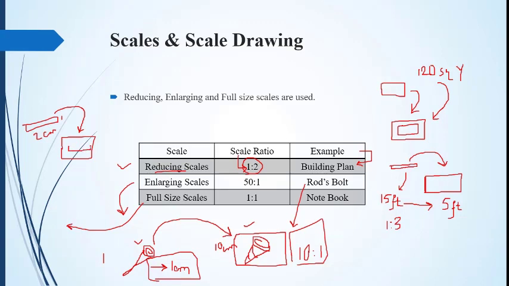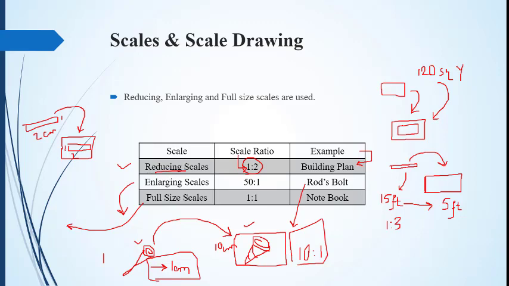So 2 centimeter and 1 centimeter, 2 and 1. So we haven't changed its dimension, neither increased nor decreased its scale, and we keep the same size of the original object on the drawing sheet.